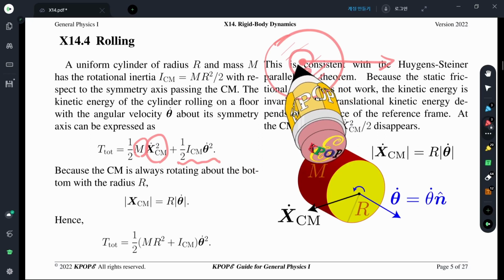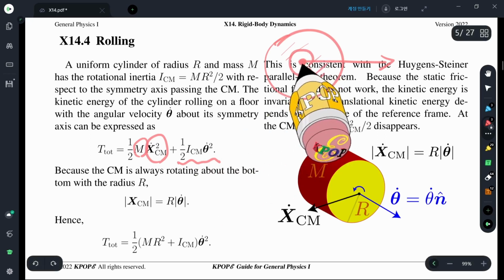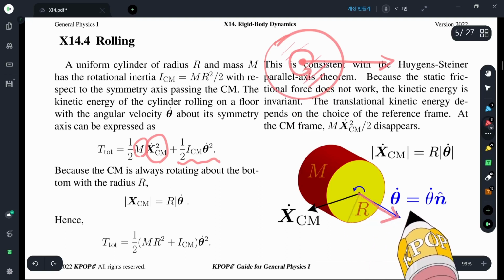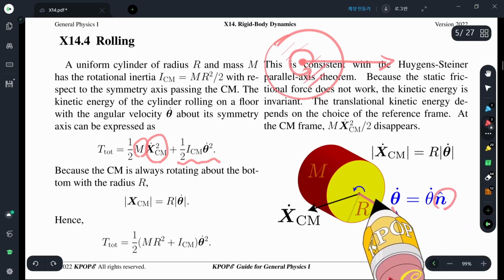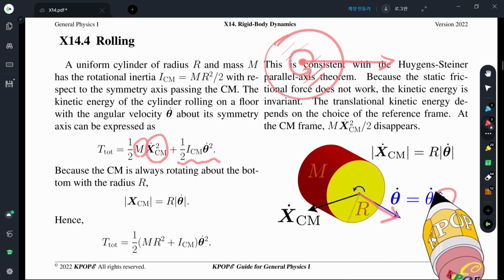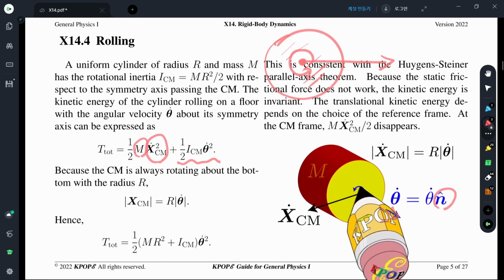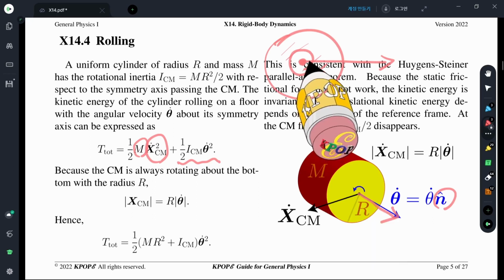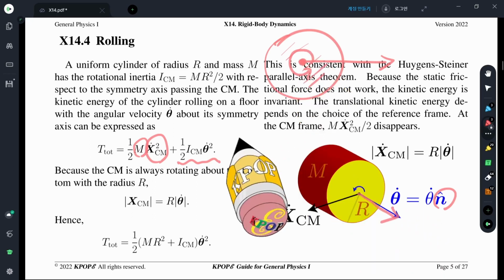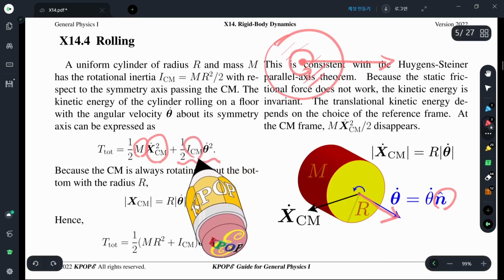And at the center of mass, we have an axis. This is the axis n hat, and it is rotating with the angle of theta dot relative to the fixed axis of the rigid body. In that case, we have a rotational kinetic energy of this form.